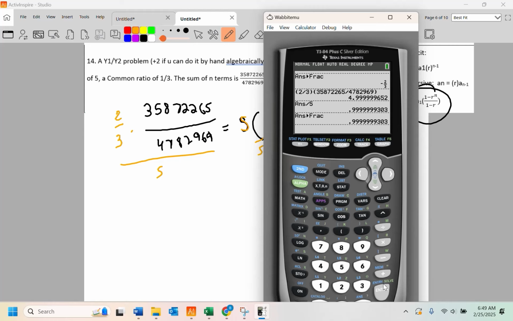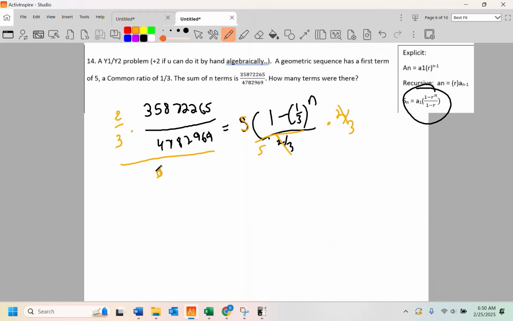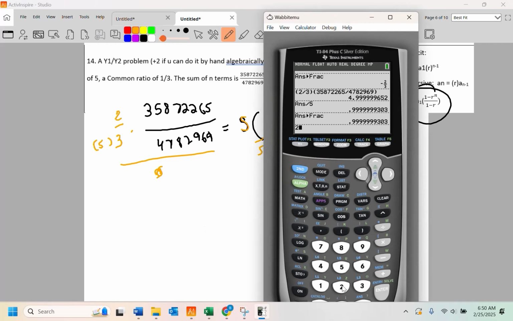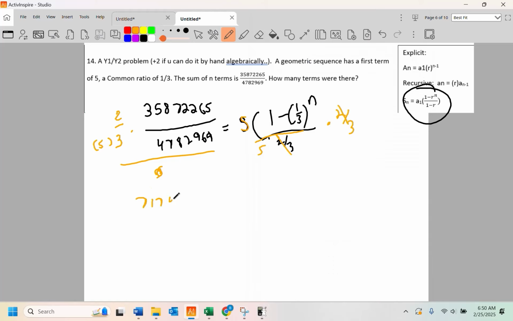Oh, okay, so here's what we have to do. Since I'm dividing by 5, we'll put that down there. 2 times 358.72265 is 717.4453.